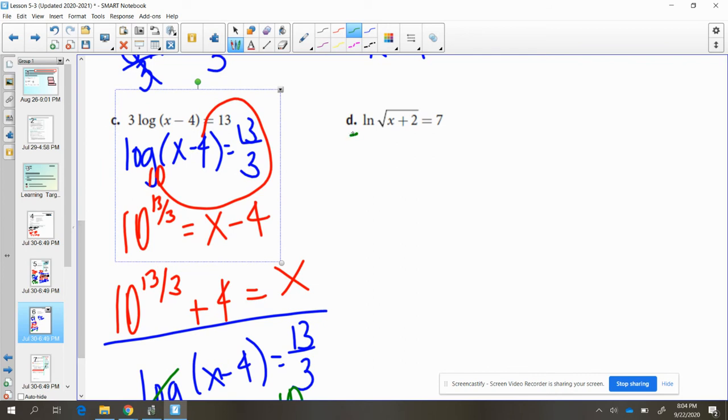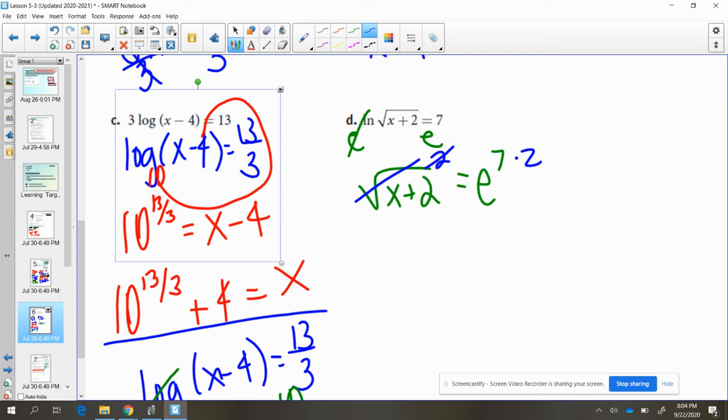So same idea here. I'm going to take a base of e to both sides so that we end up with the square root of x plus 2 equals e to the 7th. Well, to undo that square root, we're going to have to square each side, right? And anytime we're squaring an exponential, or an exponent, we actually end up multiplying.